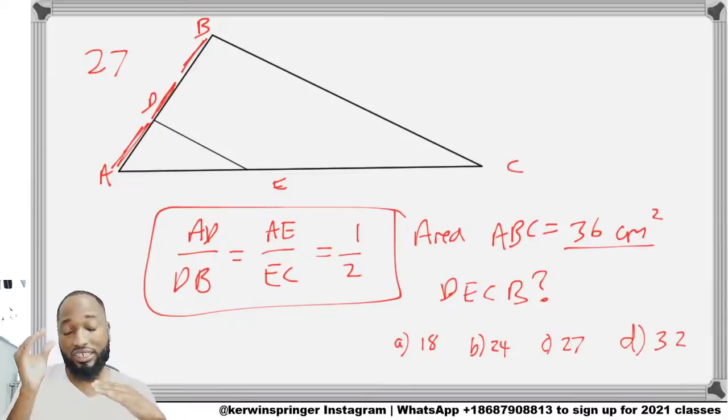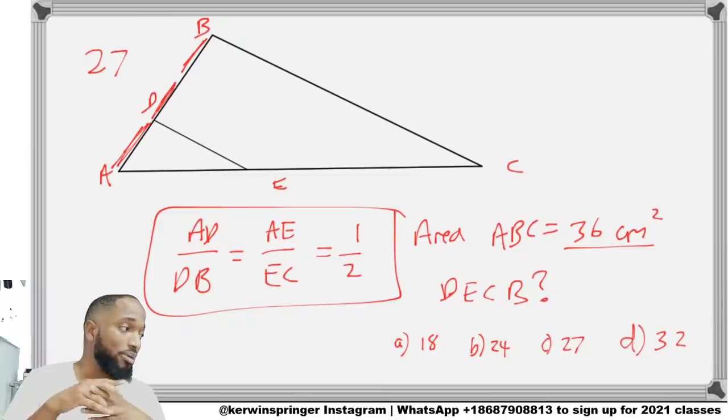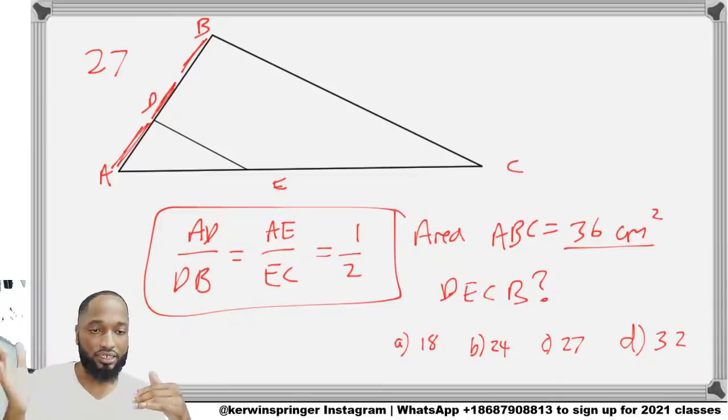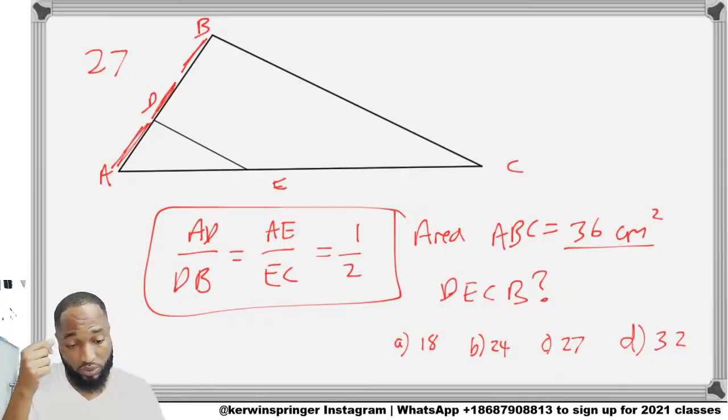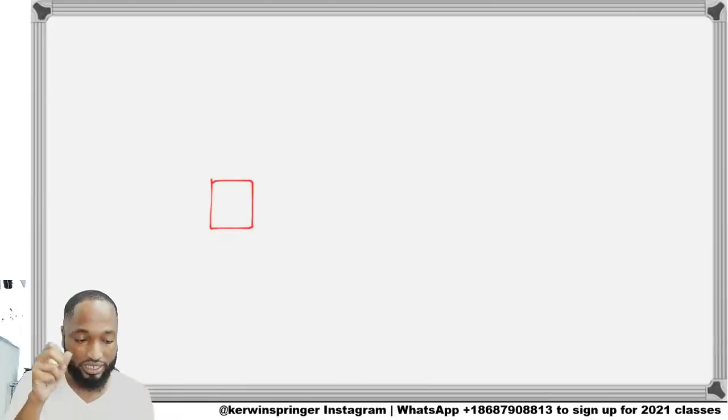Now if the linear scale factor is 3, the area scale factor will be 9. It's always the linear factor squared. Let me show you what I mean. This is tested in CSEC.